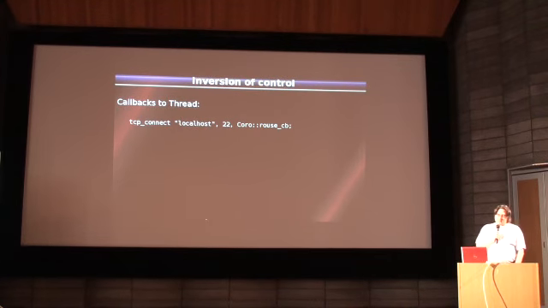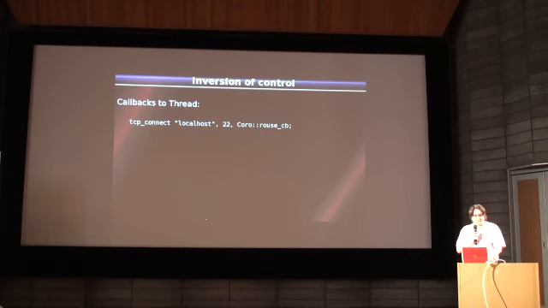Back then, inversion of control was a bit of manual work, but nowadays Coro makes it very easy. For example, TCP connect from the AnyEvent socket module accepts a host name, a port, and a callback to be called as soon as the connection has been established. If I want to do this in a blocking fashion, because I don't want to use callbacks, I can simply pass Coro rouse_cb as the callback, and this creates a new callback object for TCP connect, which then returns.